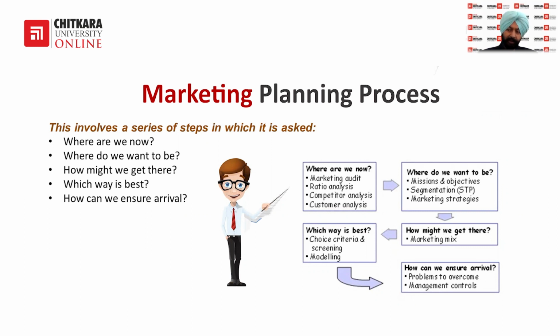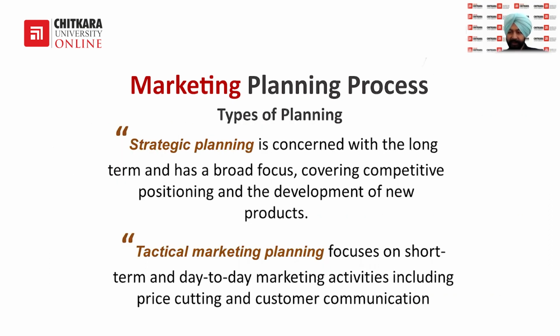So what plan would they have when it comes to the marketing mix, and how can they ensure arrival, look at problems, try to overcome them, and have management control? What would be the best way of looking at the marketing? Would they apply certain models to it, or have the routine way of screening it, which may take more time? Everything needs to be kept in mind while having a marketing planning process in place.